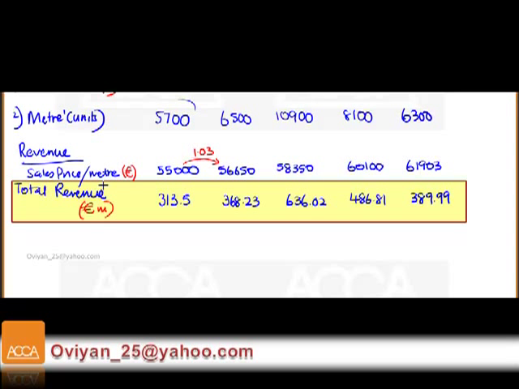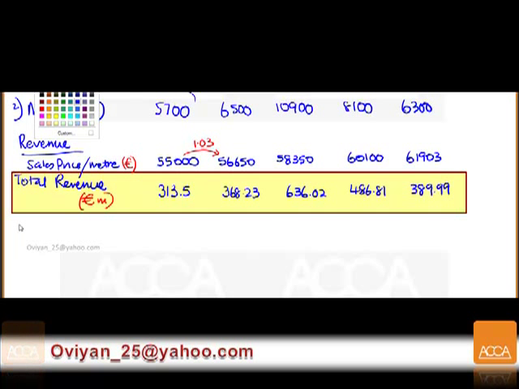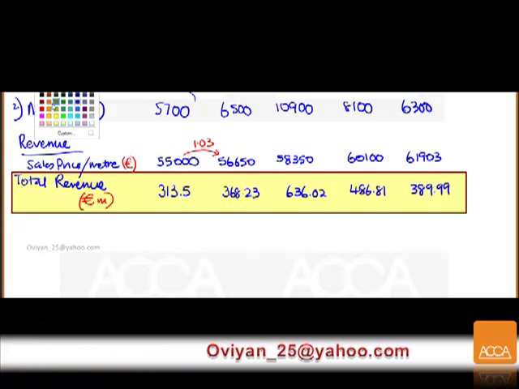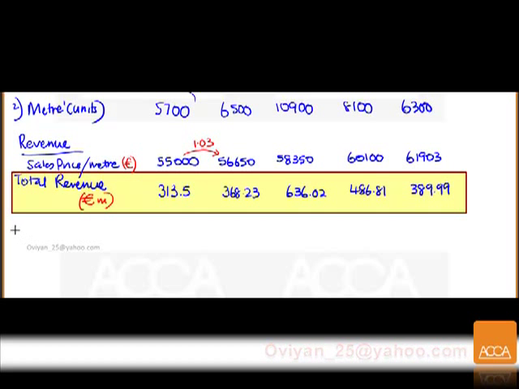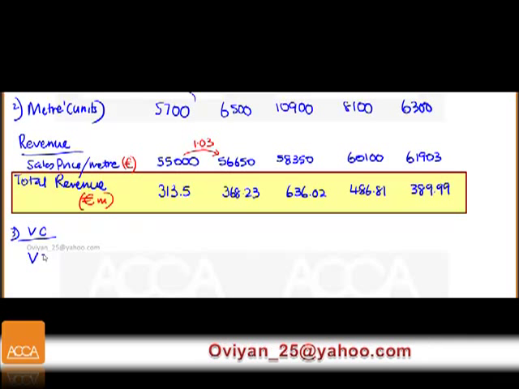The next working that we're going to see here is number 3. Let's call this working number 3, variable cost. Now, variable cost is given here as variable cost per meter.